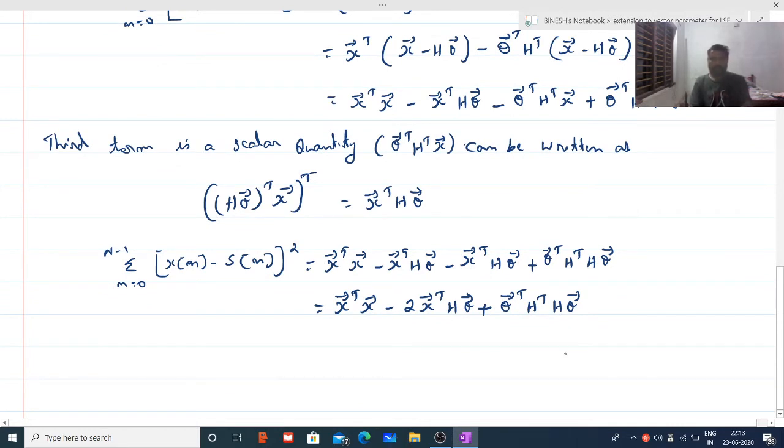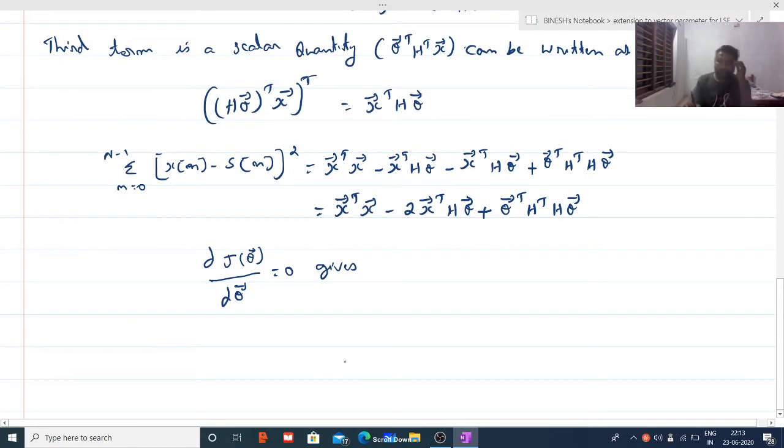In order to minimize this one, we will normally take the partial differentiation of J of theta with respect to theta. So that is nothing but dou J theta by dou theta equal to 0 gives what?